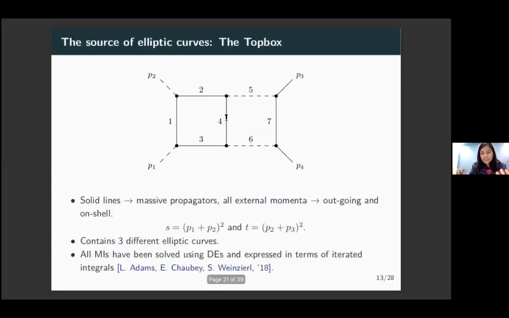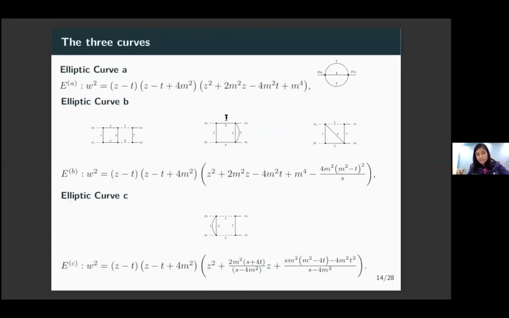But it was just an observation that for these curves, for this topology, in two limits, this simplified to functions which we know very well, which we are very familiar with. But it was not happening for all values of S and T.